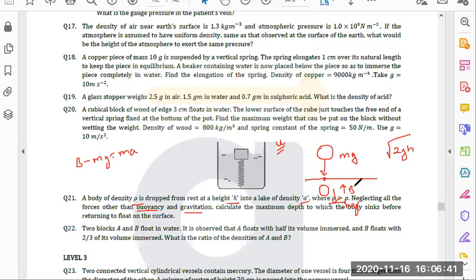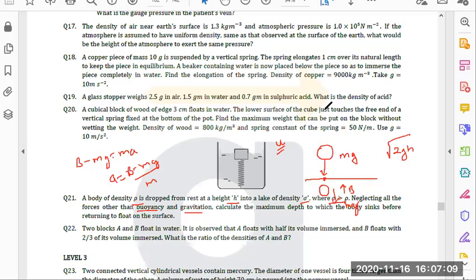I've already considered the direction of acceleration as upward, which is the retardation. So from here, a will be (B minus mg) by m. Anyone have any issue till this point?